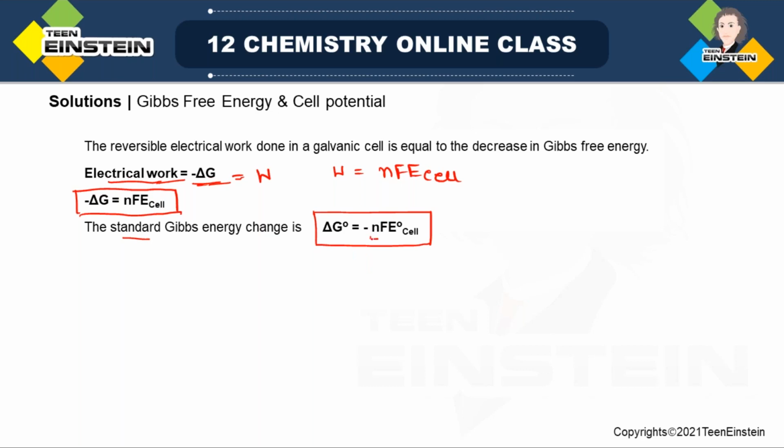Here n is the number of moles of electrons, and Faraday has a particular value, 96500 coulomb. So if you know all these values, you can easily find out del G naught.